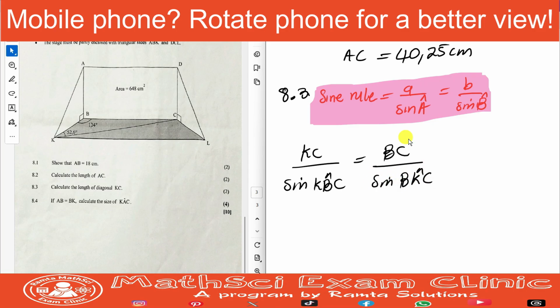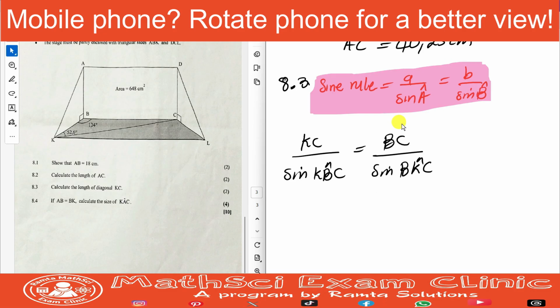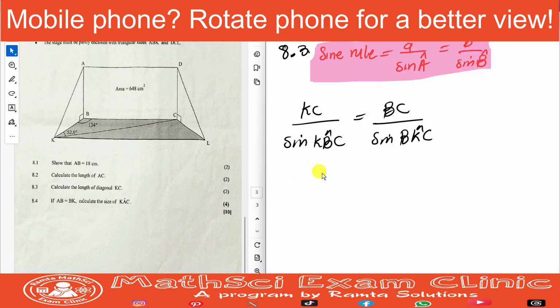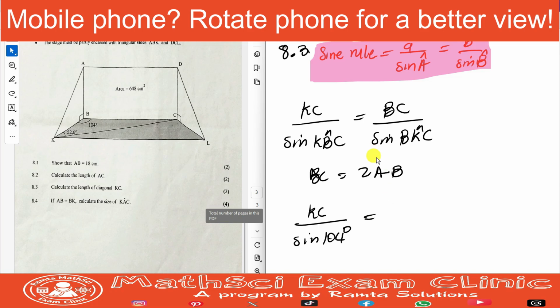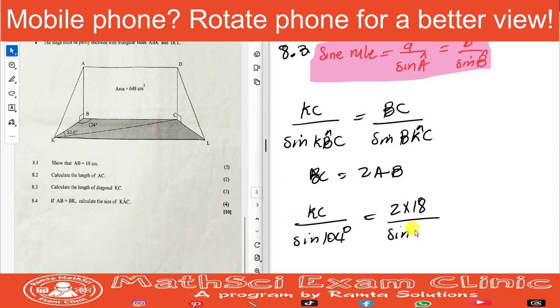There's something that we know about BC. BC is twice AB, so we are good to go. Let's substitute. KC is unknown. Sine KBC is 104 degrees. And this is basically 2 times 18. And then BKC is 52,6.